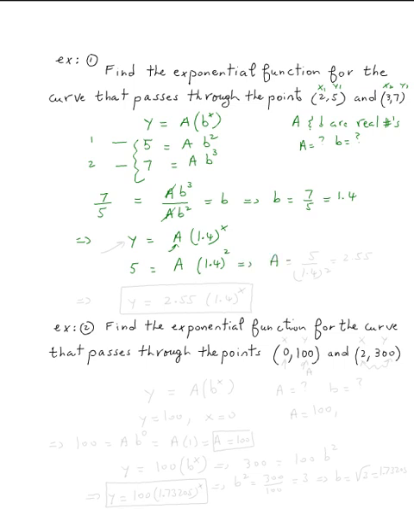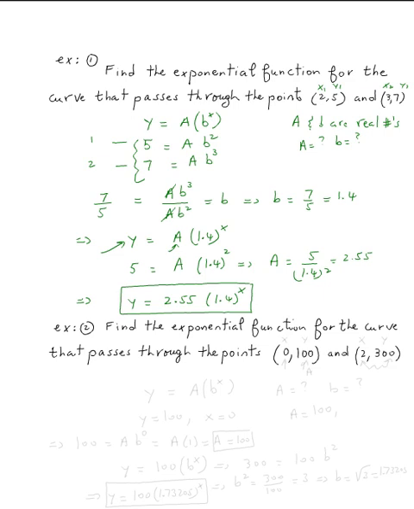This means that a is equal to 5 over 1.4 squared. Use your calculator, and you're supposed to get 2.55. Now just plug a back into the equation. So y is equal to 2.55 times 1.4 to the x. And this is the equation of the exponential function that passes through those 2 points.